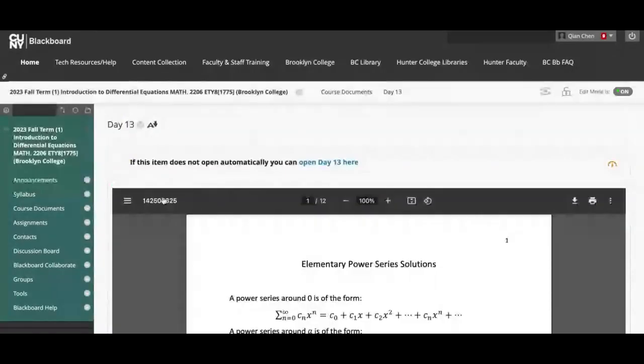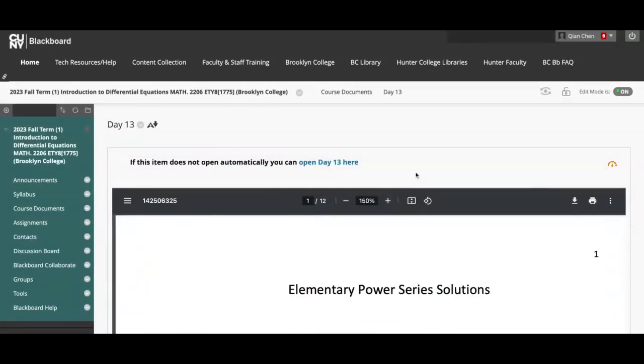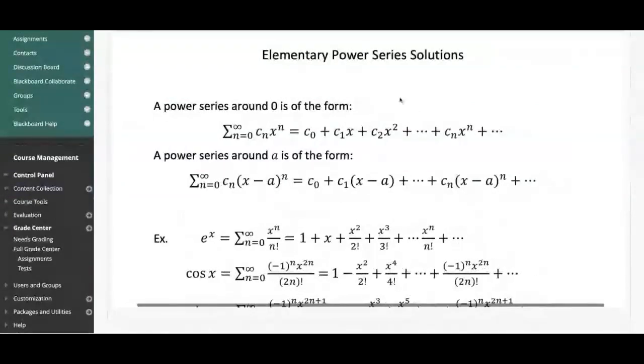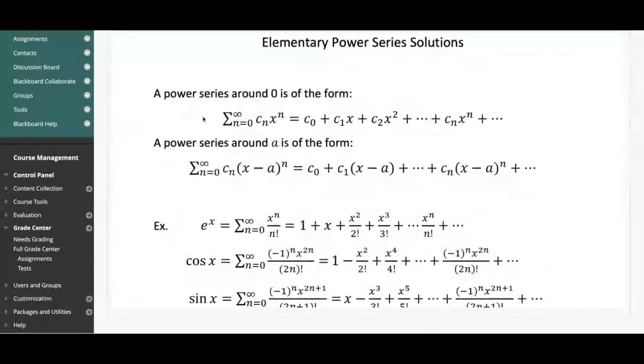So we're going to talk about power series as a solution of differential equations. So let's review some elementary power series concepts. Remember a power series, right?